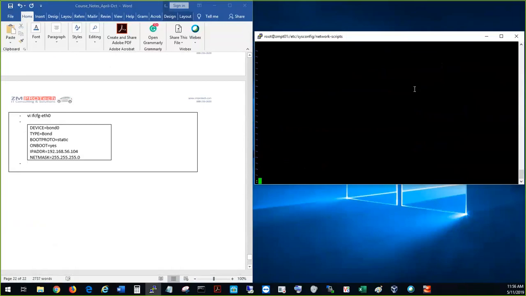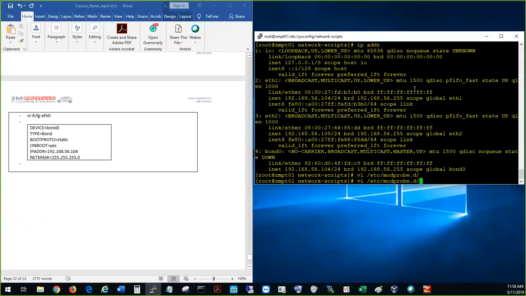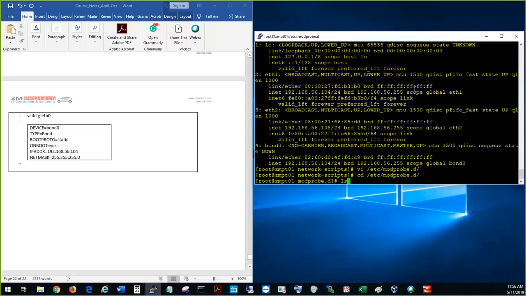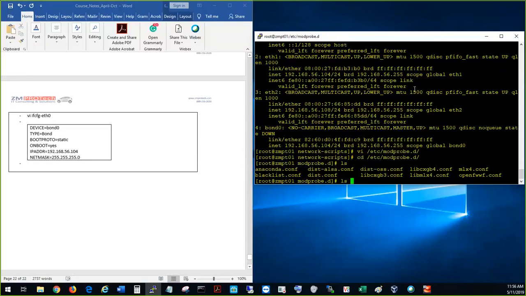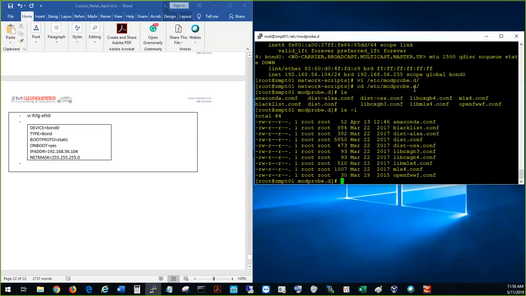Okay, I'm in the wrong place. And then the name of the file is bonding. Let me go in there first. Okay, I'm looking for the file named bonding here.